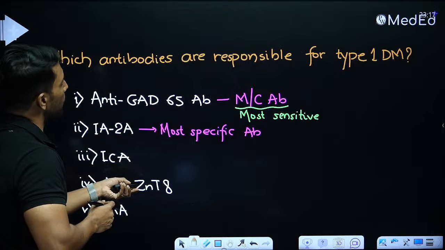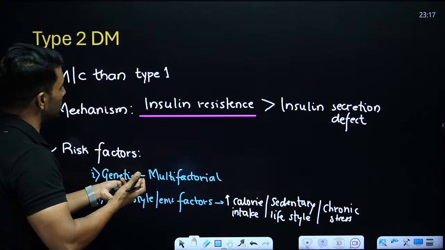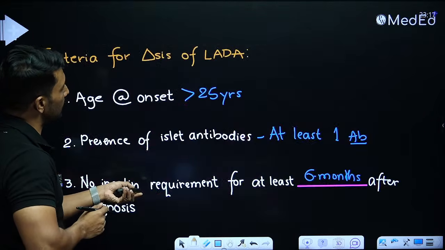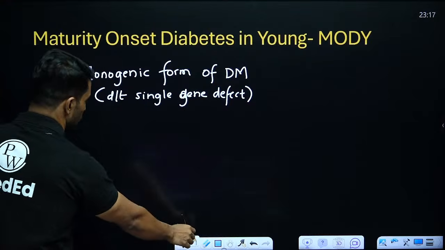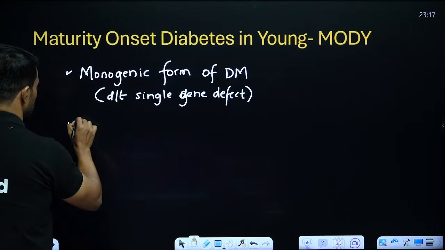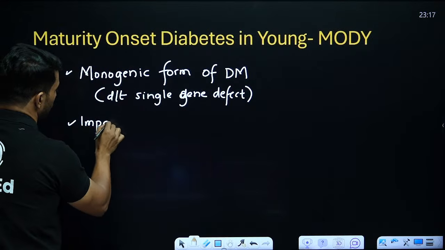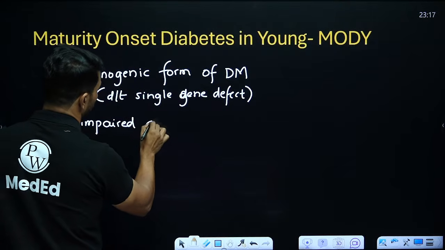So in MODY, because of these gene mutations, there is impaired insulin secretion or impaired glucose sensing. So in these patients, there is impaired glucose sensing or insulin secretion.